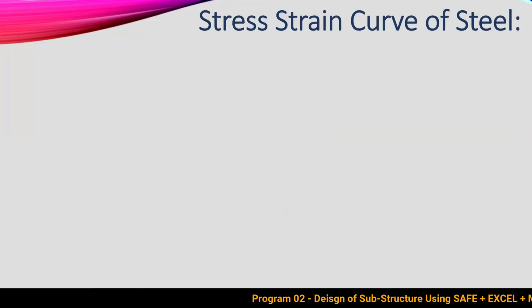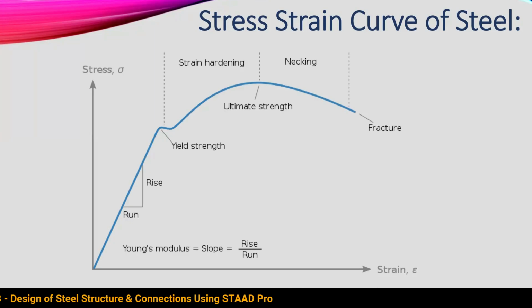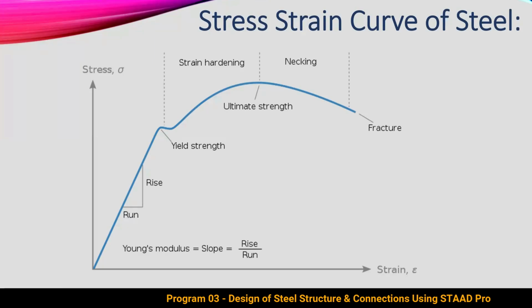So this is the stress strain curve which all of us have seen during our graduation. This is the graph which is plotted with strain on the x-axis and stress on the y-axis. So you can see initially we have a straight line. That means the material is linear up to a certain point, which is the yield strength of the material. Up to this point, we have a straight line.